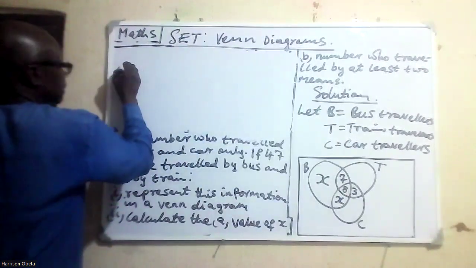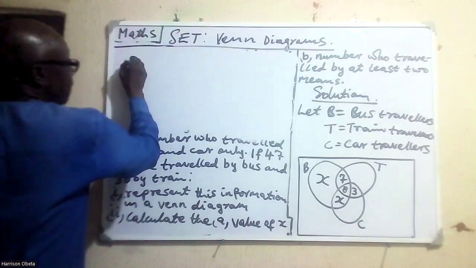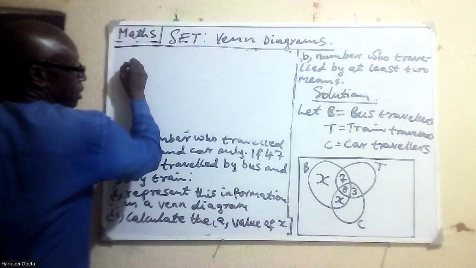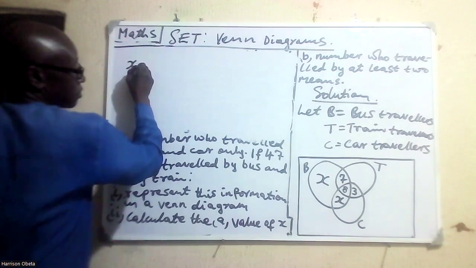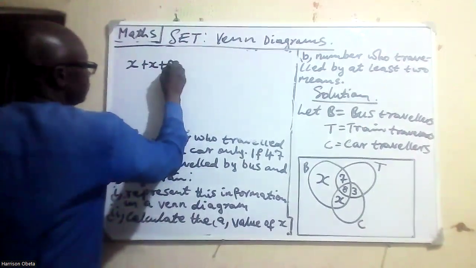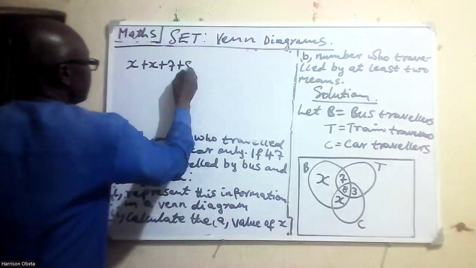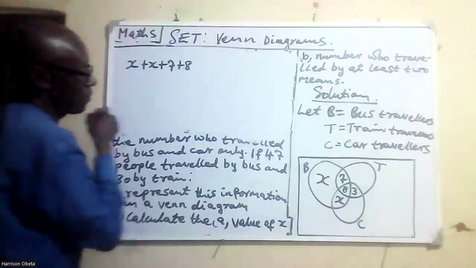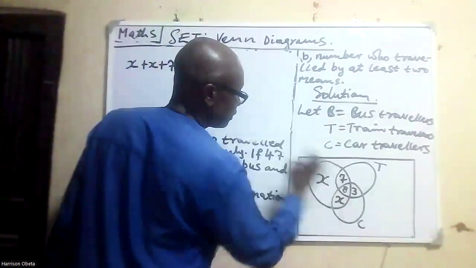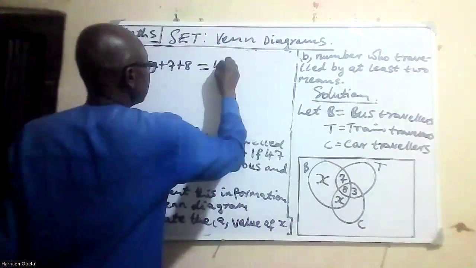So, that is X plus X plus 7 plus 8 is equal to 47.